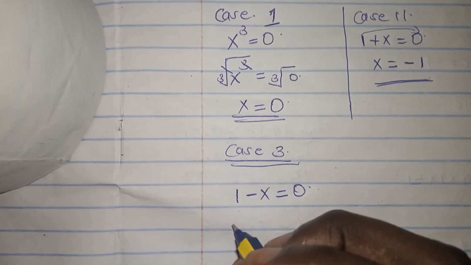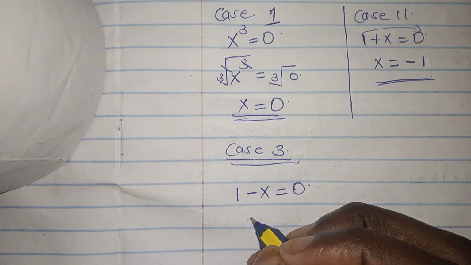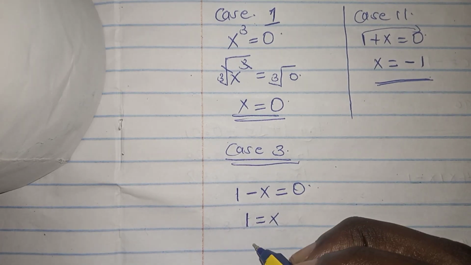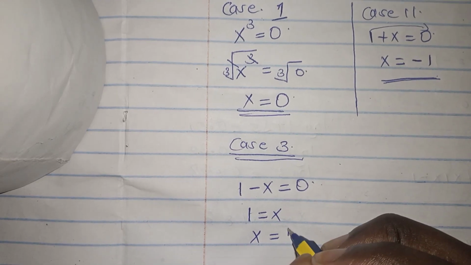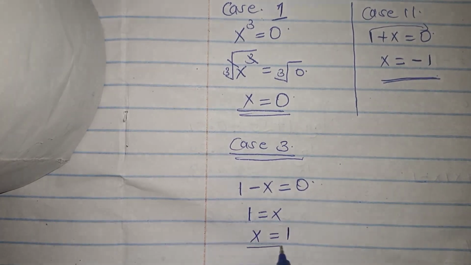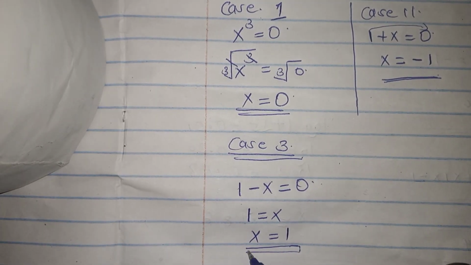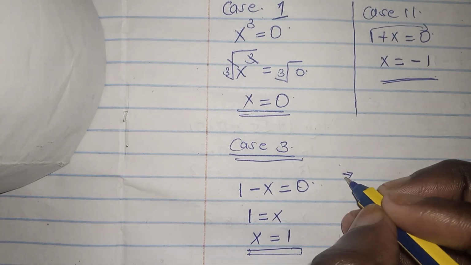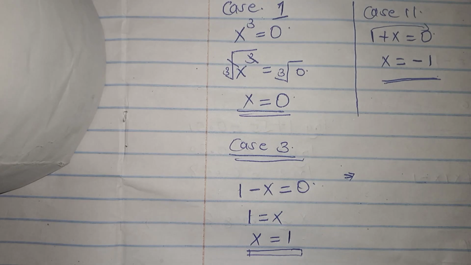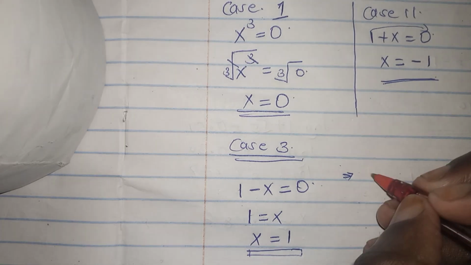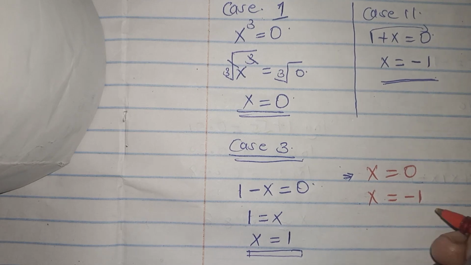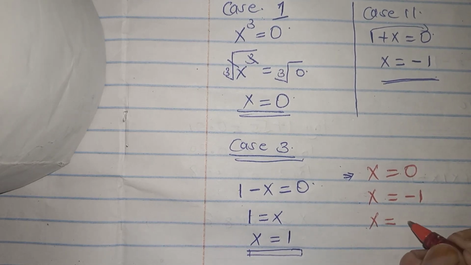So this gives us 1 is equal to x, or x is equal to 1. So we have the value of x as 1. So this question had 3 solutions for x. So we have x is equal to 0, x is equal to negative 1, and x is equal to 1.